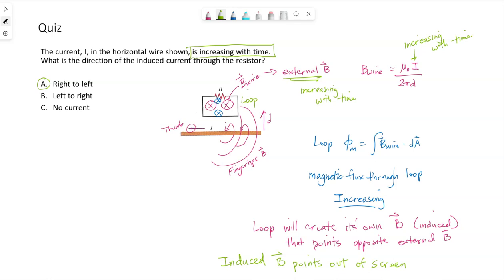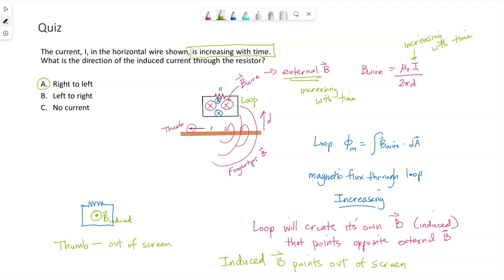Once we determine that is when we can do the right-hand rule. So I'm just going to draw my loop again over here. Here's my loop. I need the magnetic field induced by the loop to point out of the screen. So my right-hand rule, I need to take my thumb of my right hand and point it towards me, out of the screen, as if something is jumping out of the screen at me.